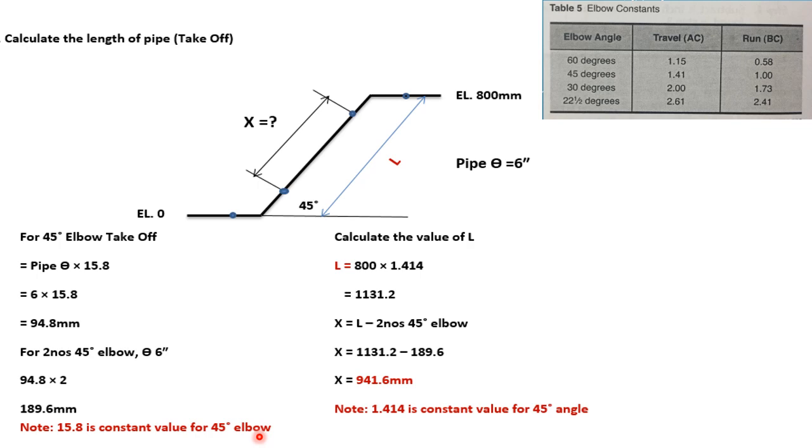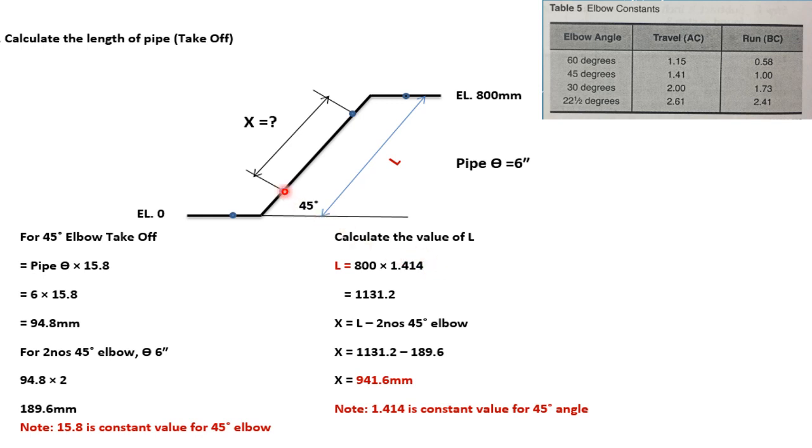Now calculate the value of the length L. For 45 degree, L equals 800 multiplied by 1.414. As I said, you have to see the constant for a 45-degree elbow, which is 1.414. So we take 800 times 1.414.